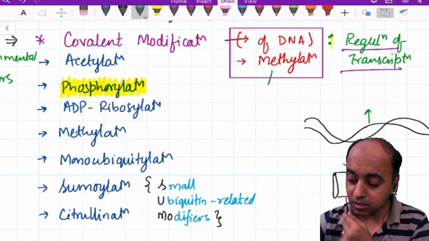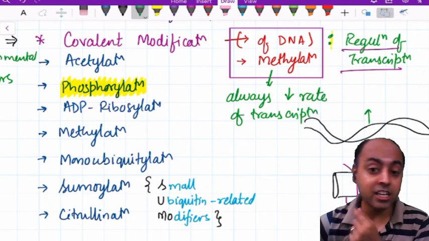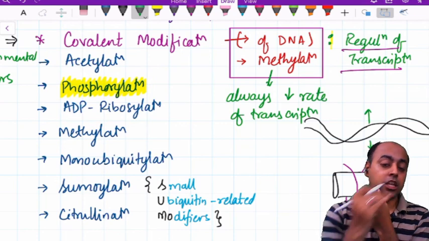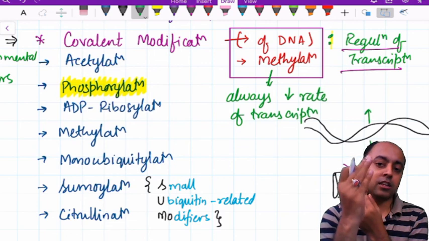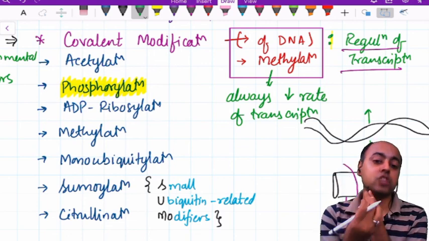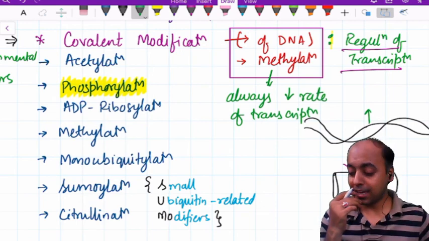But methylation of DNA always decreases the rate of transcription. The covalent modification of histones has variable effect depending on the type of histone, position of histone, and in which chromosome this change is occurring. Okay, so this is about epigenetics.